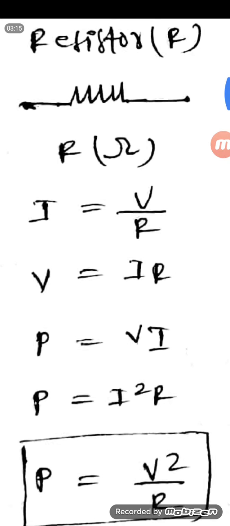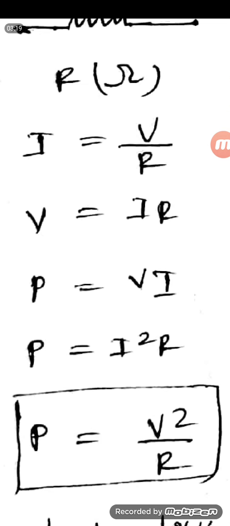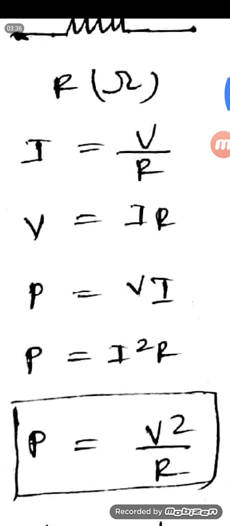If you substitute V equals IR, you will get one more power equation, that is I square into R. Or if you substitute I as V by R, then you will get P is equal to V square by R.